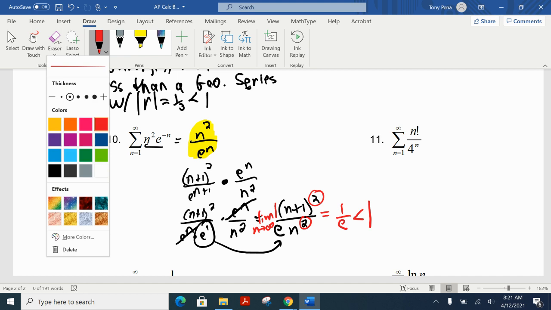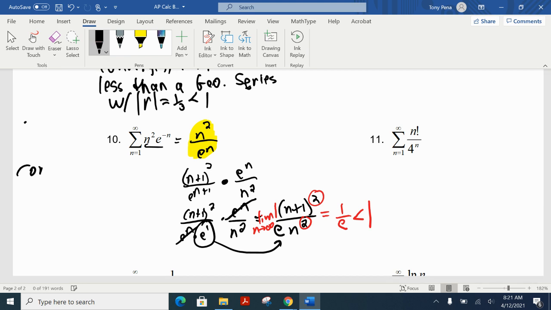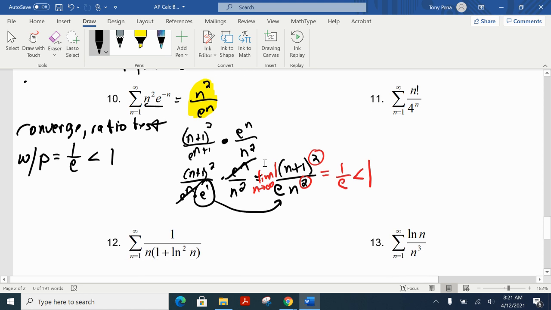So put that over here. We converge, ratio test, with a value of 1 over e, which is less than 1. All right.